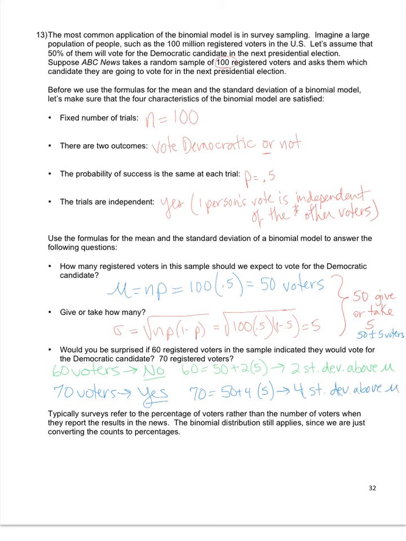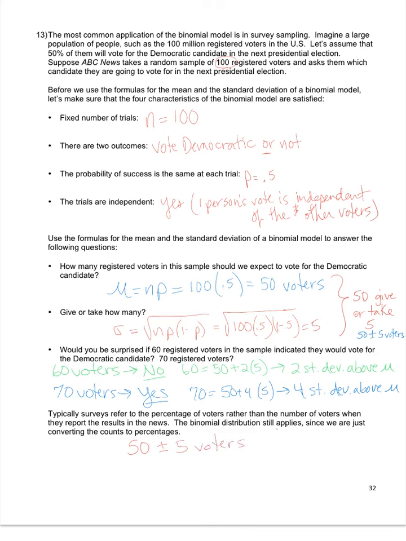That's unusual. Okay, so keep in mind that typically surveys refer to the percentage of voters rather than the number of voters when they report the results in the news. The binomial distribution still applies since we are just converting the counts to percentages. Right, so for example, we take what we got above. Remember, we were expecting about 50, give or take about 5 voters.